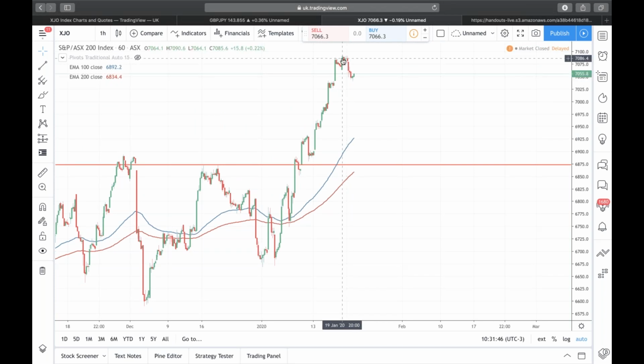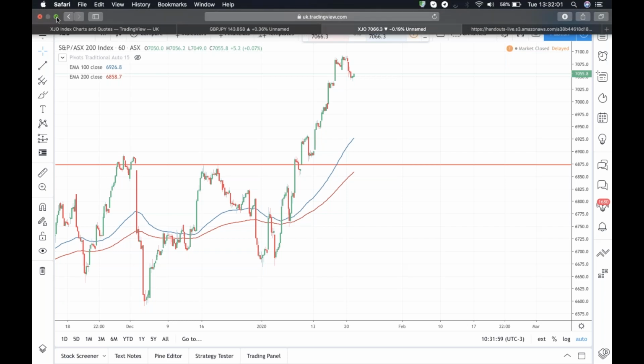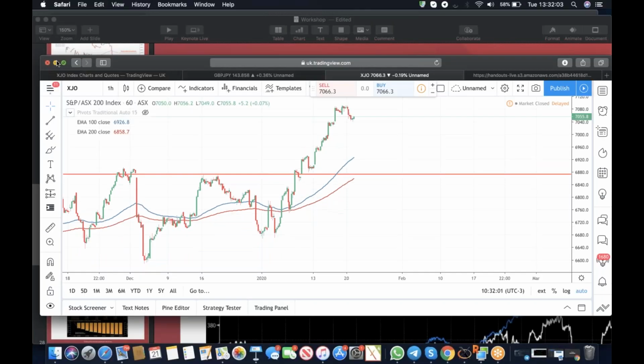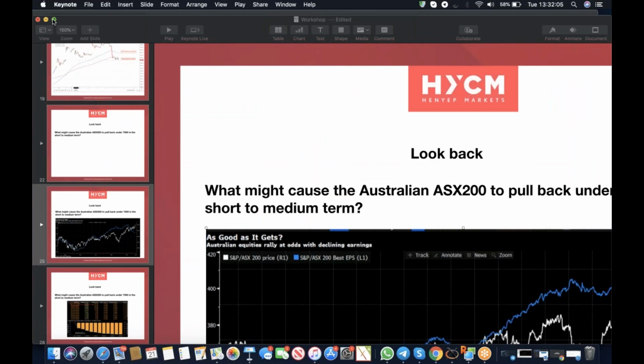So potentially, again, this isn't trading advice, but looking at the Australian economy, we would expect a pullback now in the ASX 200. And these are the reasons you might expect a pullback.